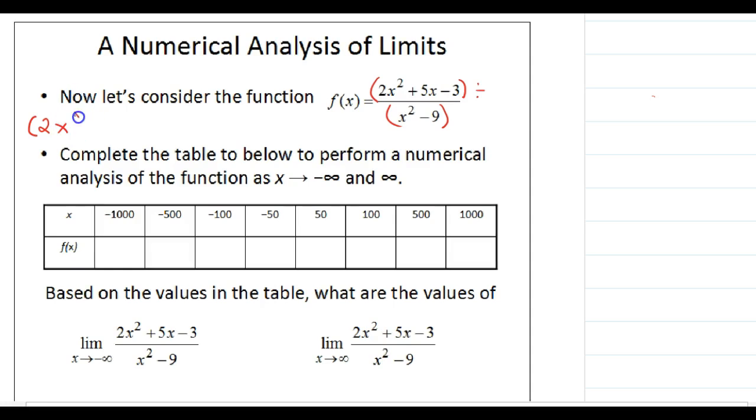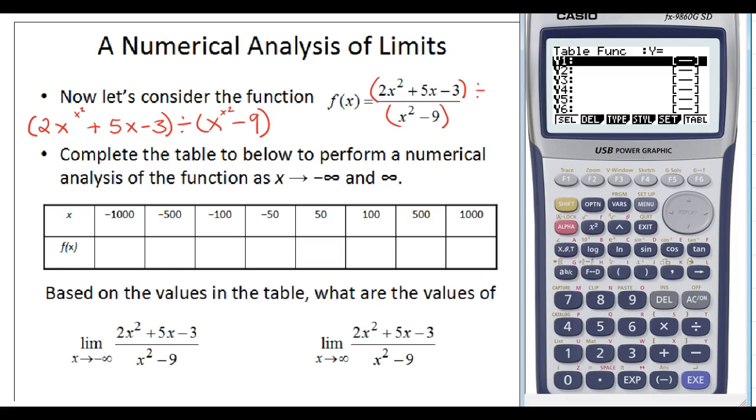Then I'm going to use the x squared key in order to square the x, plus 5x minus 3, close parentheses so that everything in the numerator gets divided by the denominator x, the x squared button, minus 9, and then I'll close my parentheses and execute.